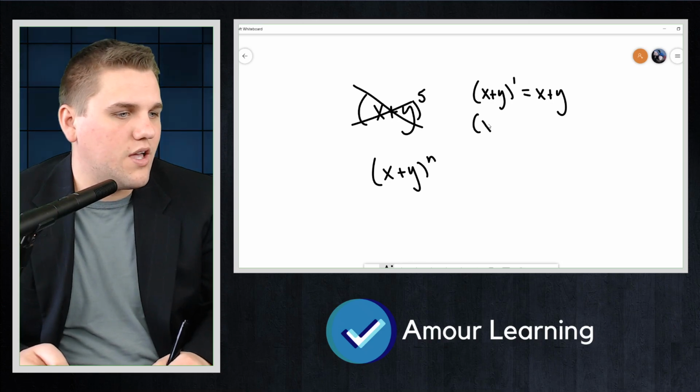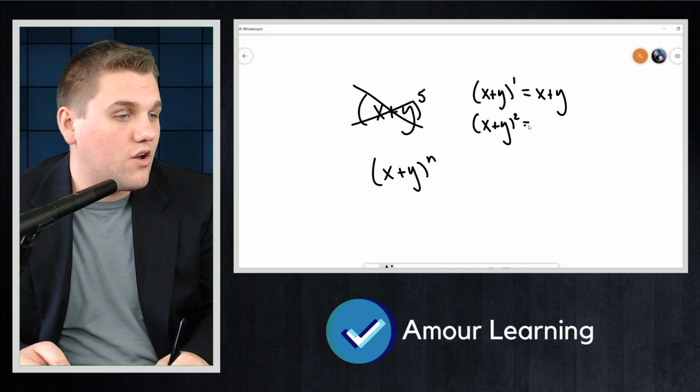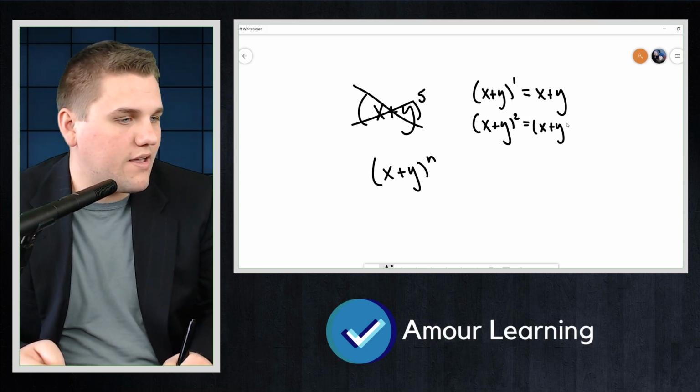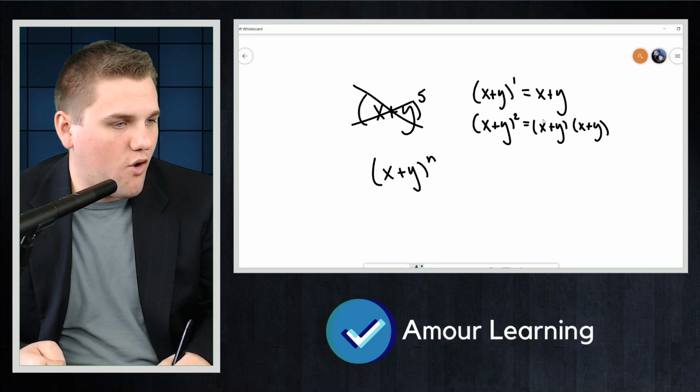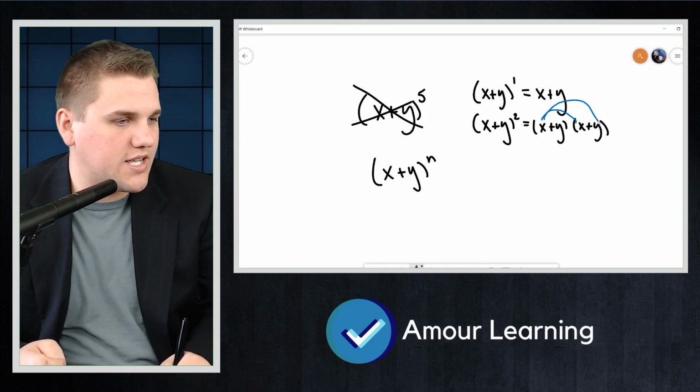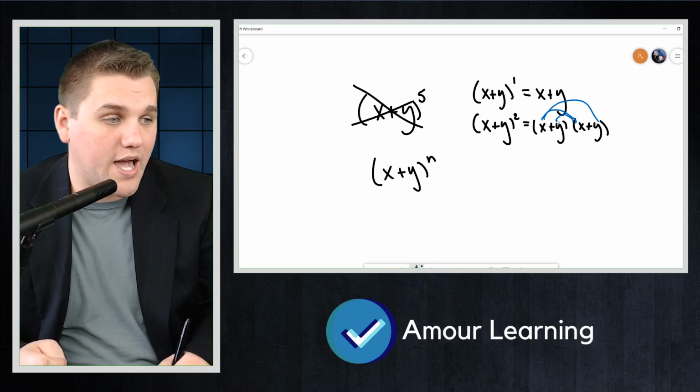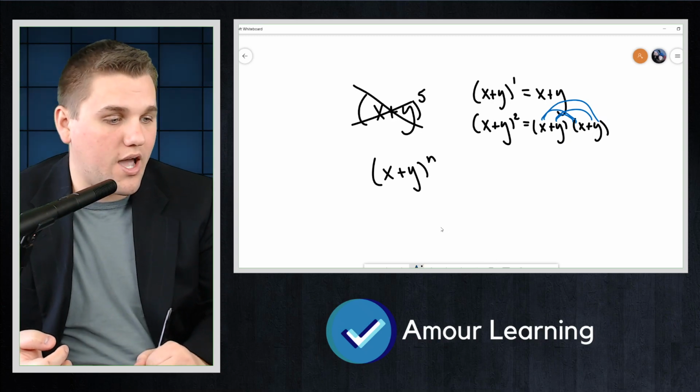Let's do x plus y squared. Well, this is x plus y times x plus y, which if you FOIL everything, we have x times x, x times y, y times x, and y times y.